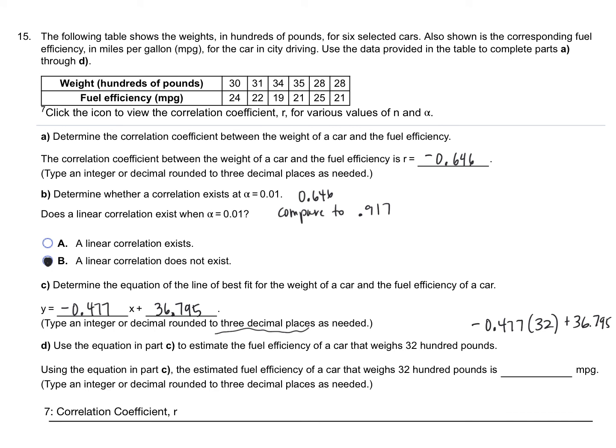You're going to plug that in your calculator and see what you get. Okay, and I got 21 point, how many decimals? 3 decimals. 21.531 is what I got.